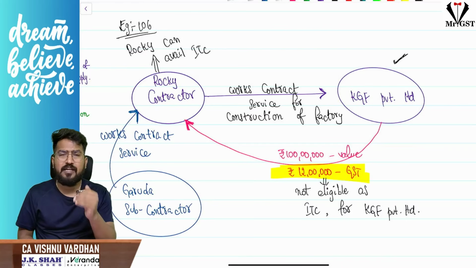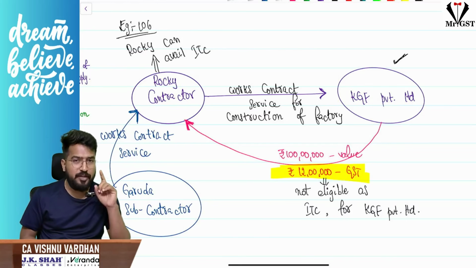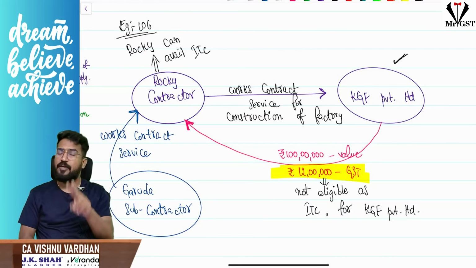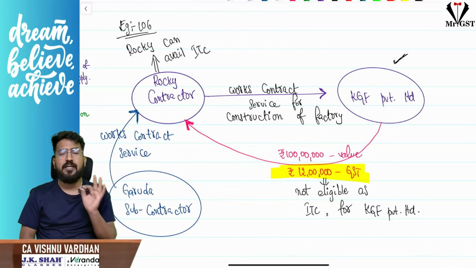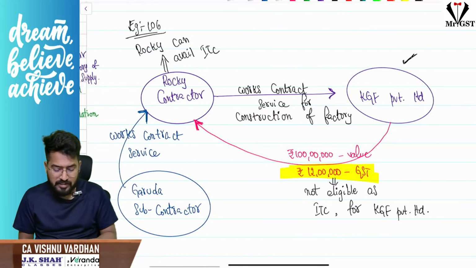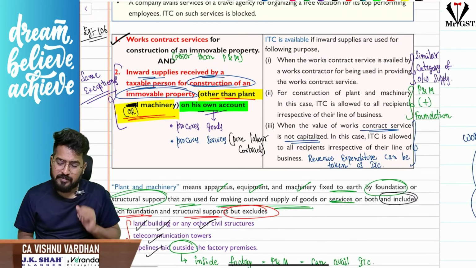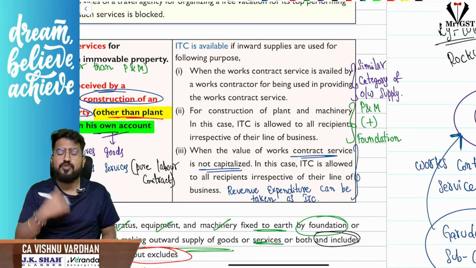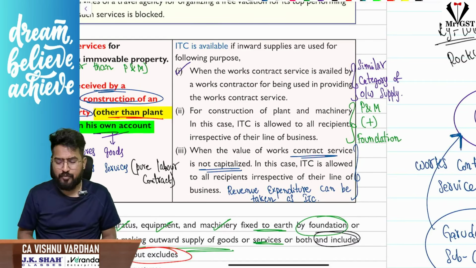Now, sir, there are of course exceptions. I repeat, whether you are taking works contract service or buying everything on your own and getting the construction done, then also ITC is not available. Hope it is clear. But the exceptions are: if you are taking this to provide similar category of outward supply.